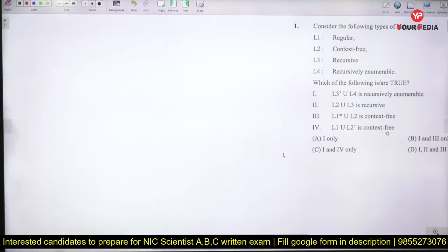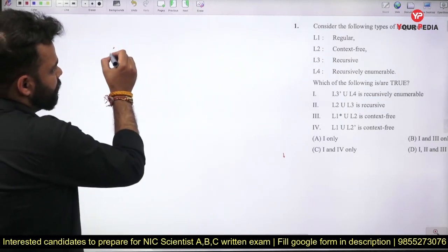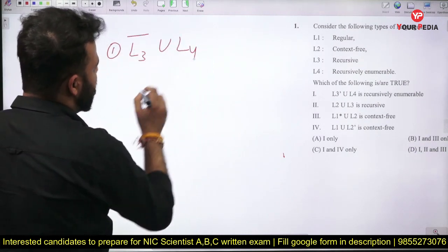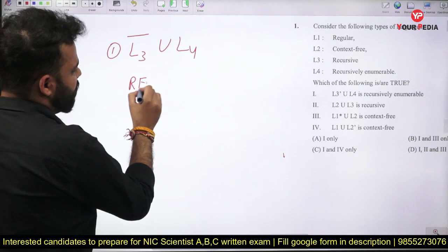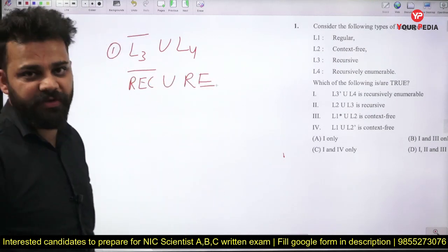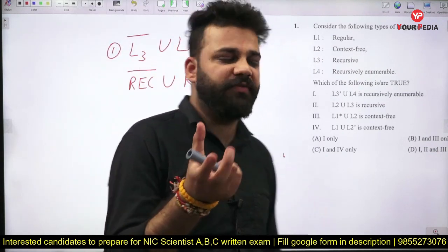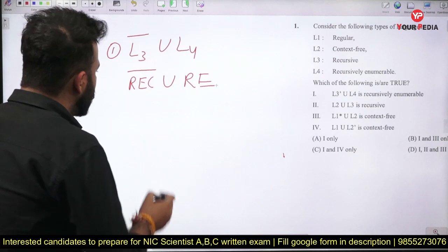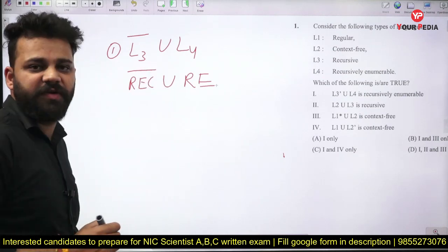consider following languages, and it is asking which of the following is true. So the first is L3 union L4. Now L3 is what? Recursive language, and L4 is recursive enumerable language. Now if you have studied the closure properties for these languages, you would know that recursive is closed under intersection.